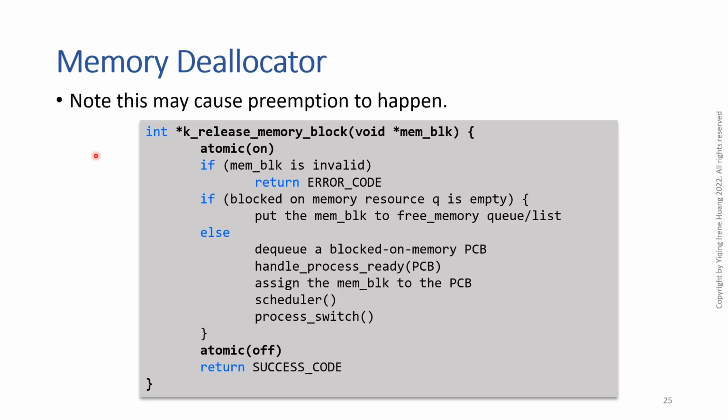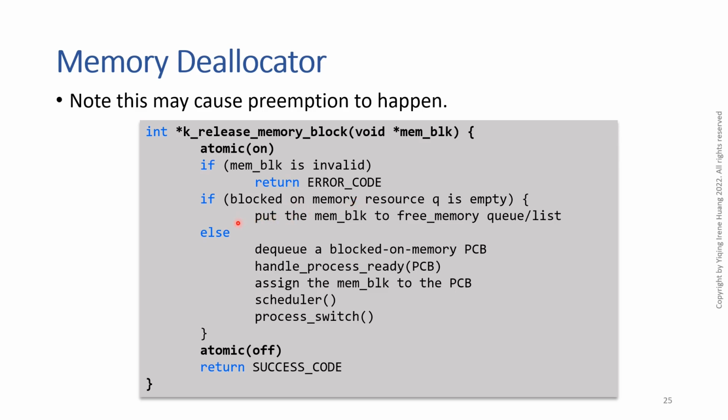Now we need to take a look at how we are going to return the memory to the memory pool. There's an API called release_memory_block, and the corresponding kernel function is called k_release_memory_block. First we need to do some sanity check, right? What if I return a memory that is outside the IRAM1 region? Then that's definitely not a valid memory. So do some sanity check. If we pass this step, then we need to check whether there's anybody waiting for the memory or not.